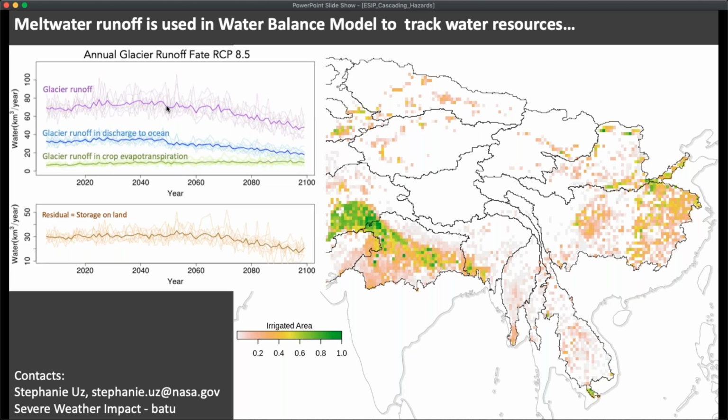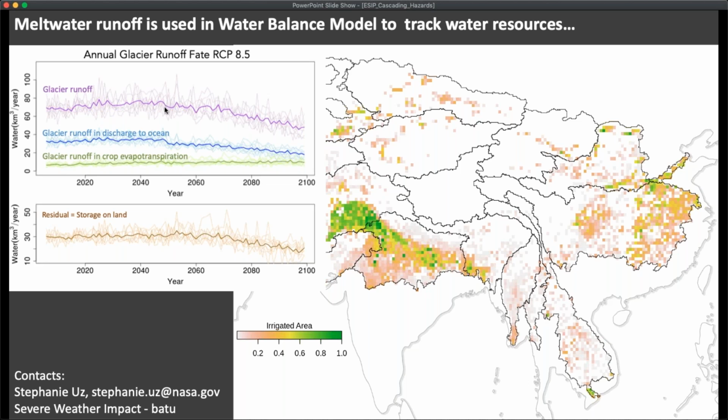And so as they start shrinking, there's less water available. So until 2050, there might actually be more water coming from the glaciers because of the increased temperatures. But once we hit about 2050, we expect that water will start getting less and less available.